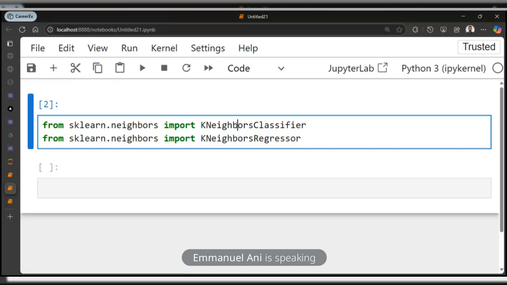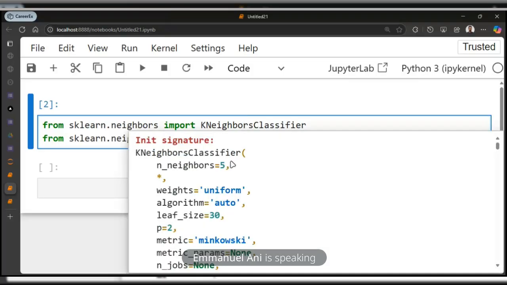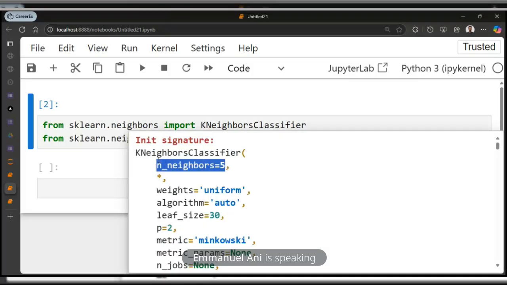So depending on the task that you're given, you import one of them. So for classification tasks, you can see here that we have a hyperparameter n_neighbors. All right, and you can see that we have the metric here. The metric in this case is the distance metric we're going to use.